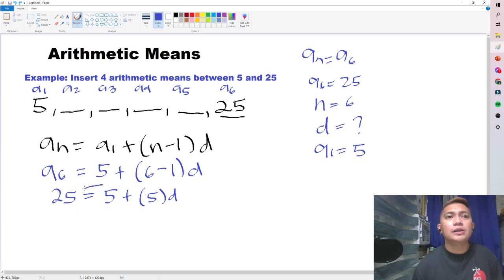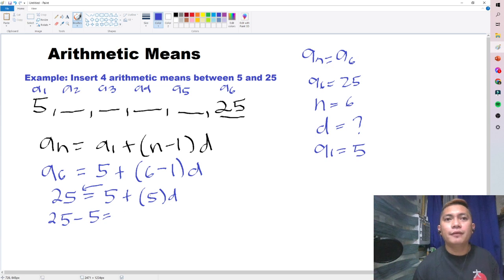Pag nilipat natin siya sa kabila, that will become negative 5. Okay, so from positive 5 to negative 5, but this is only a shortcut for transposing. The proper method is the addition property of equality. Mag-add ka both sides ng negative 5 sa kabila.